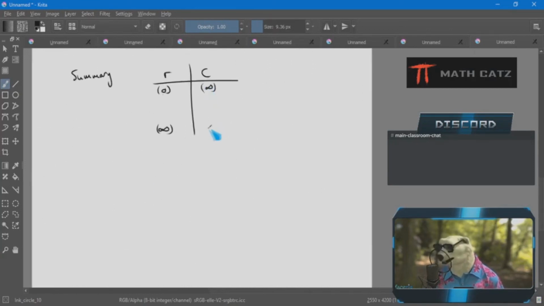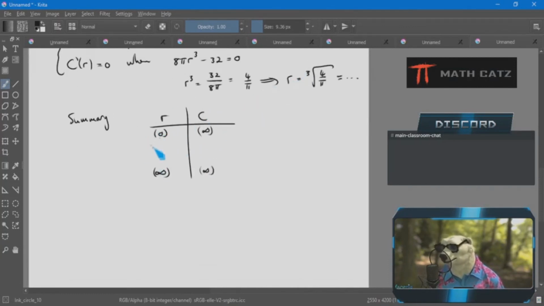It's going to get bigger and bigger. So this is just a reminder that the endpoints aren't where I want to be. This critical point is the only one that could possibly give me an answer.